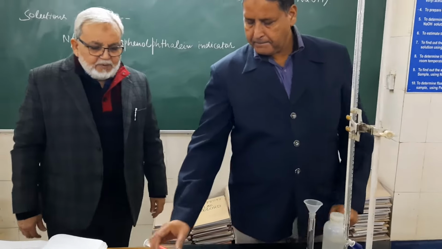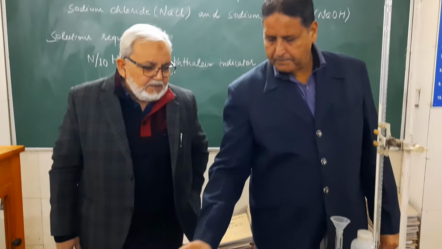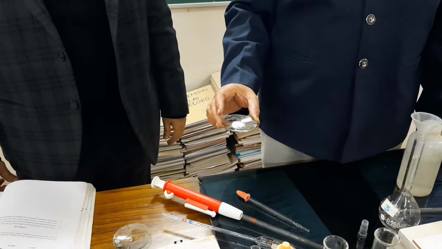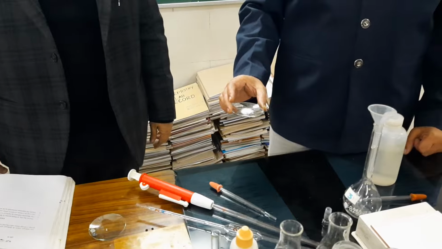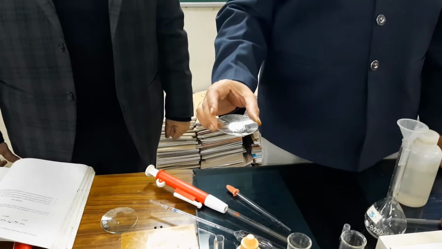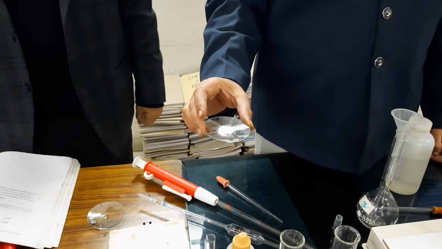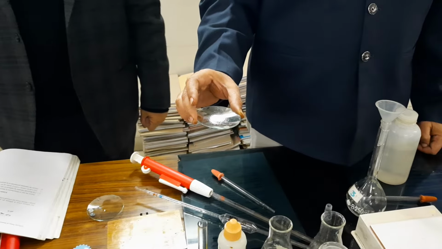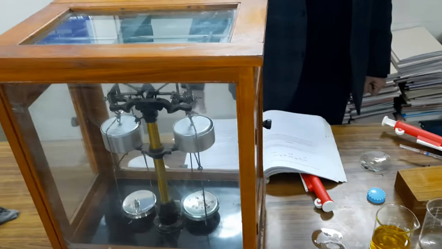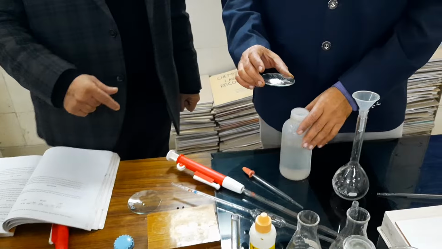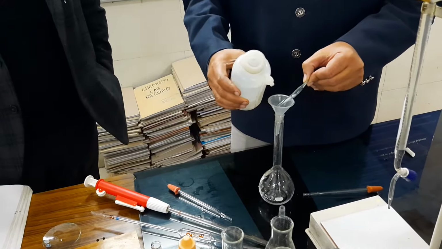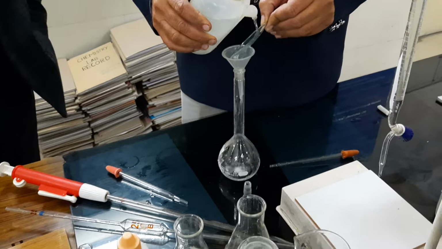The first step of this experiment is to prepare a solution of the given mixture. For that, 1 gram of the given mixture is accurately weighed on this chemical balance. Now the amount is transferred into a 250 ml standard flask.